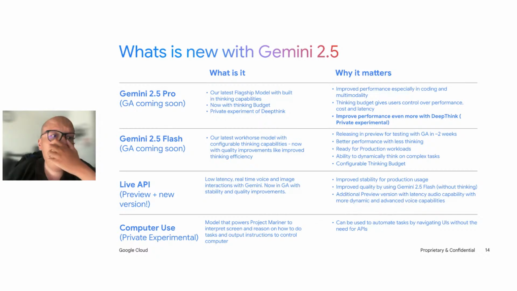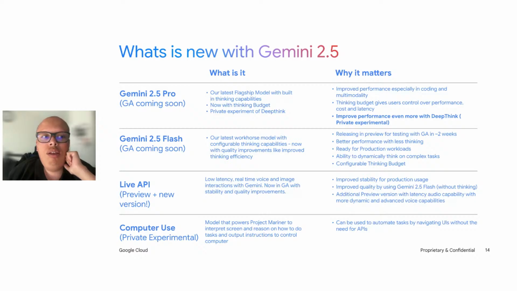So Gemini 2.5 Pro, as we said, is our latest flagship model. It has built-in thinking capability. It also has a thinking budget, and Ashish will be going through what that means. And there is a private experiment that has been announced at Google I/O, which is about Deep Think.